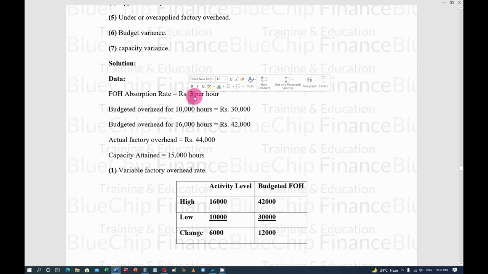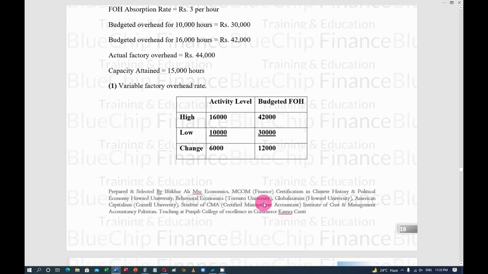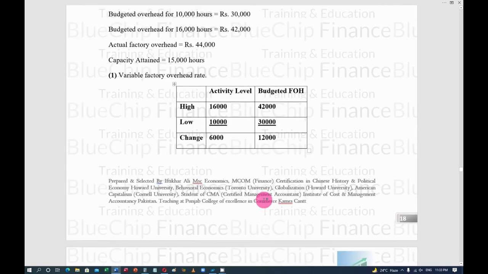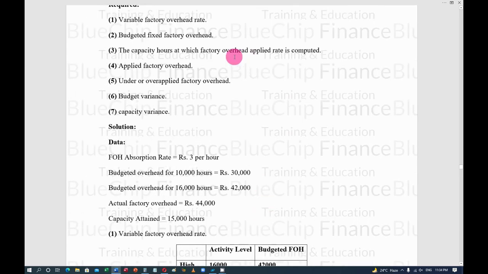So if the absorption rate is 3 and the variable rate is 2, then obviously the fixed rate should be 1. So the fixed rate is 1.